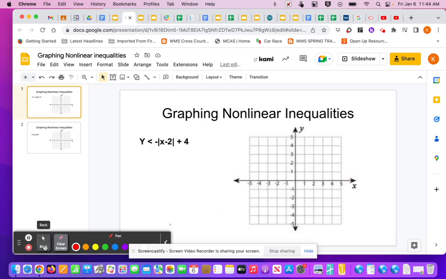Second one, let's take a look at this very quickly. And you'll recognize this one again. This was used on a previous video. So we have (x + 2) squared. Hopefully you're thinking this is a U. I'm realizing the vertex is at (-2, 0).